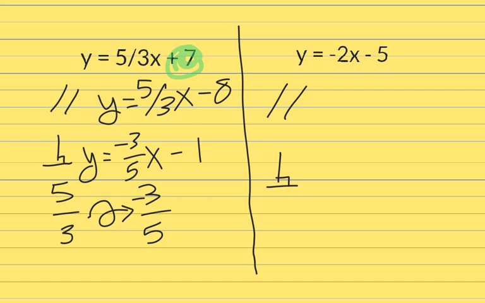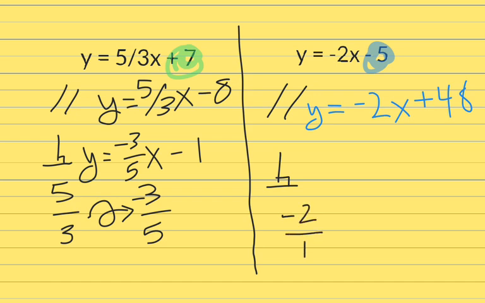So another example over here. Okay, I've got to change my y-intercept in order to make it parallel. So I'm just going to go y equals negative 2x. I'm done, but I could, I don't know, plus 48. Who cares, right? And then I'm looking at my slope. I've got negative 2.